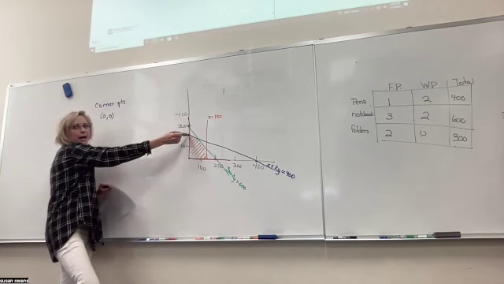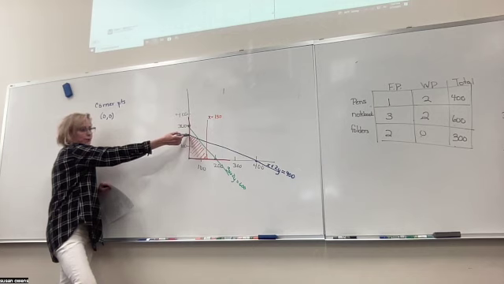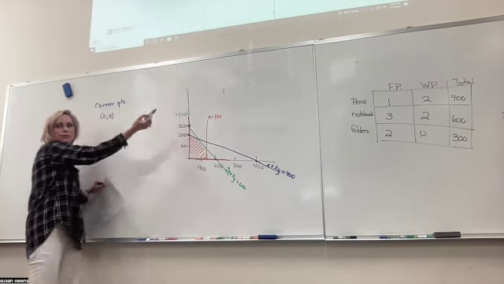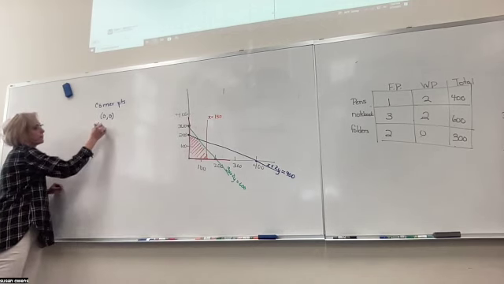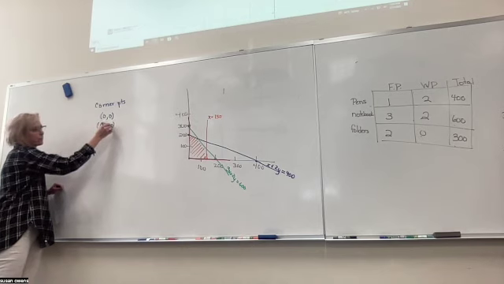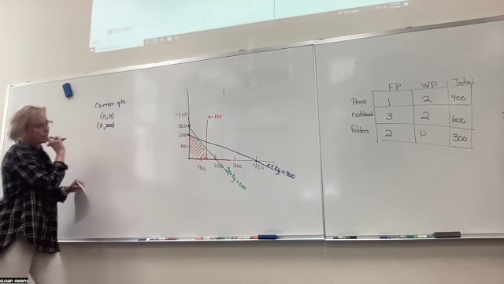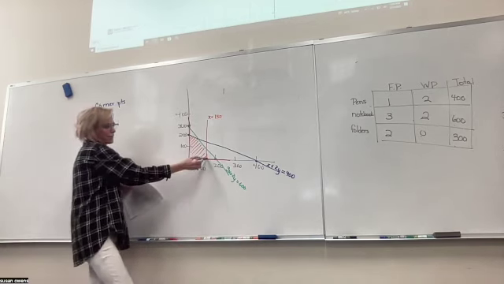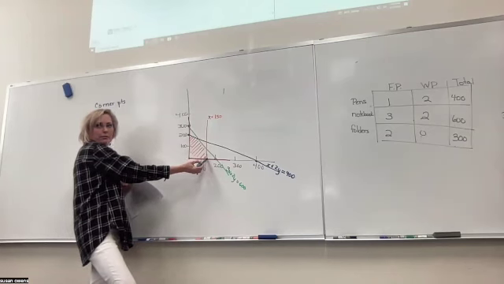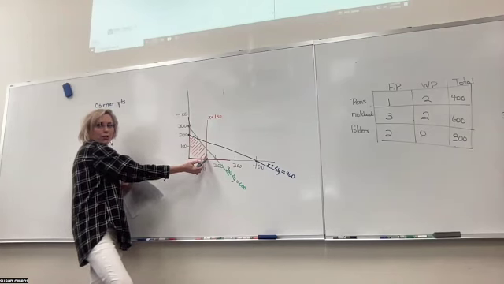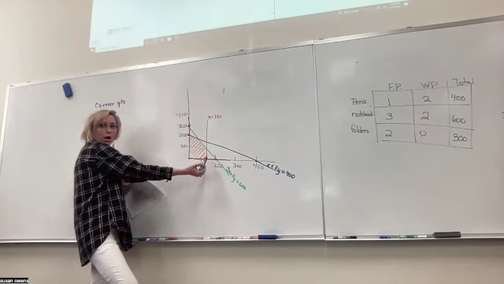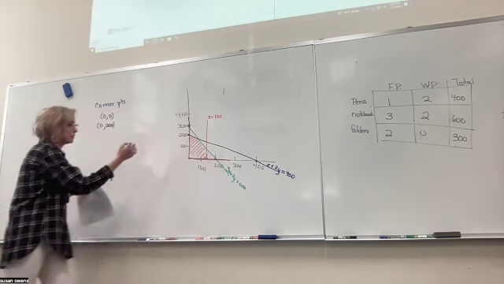Do I know this top corner right here? Over 0, up 200. Do I know this corner right here? Over 150, 0.